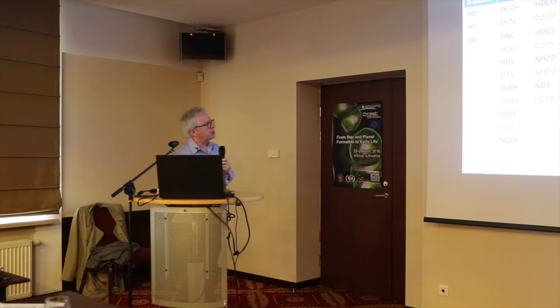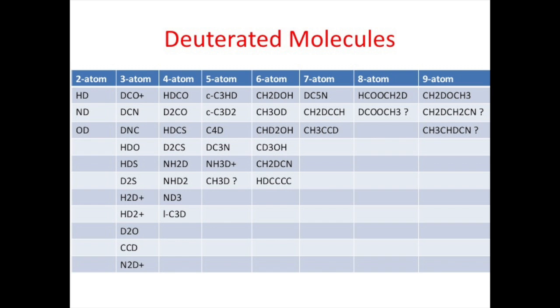Florence also mentioned that deuterium is very important in tracing both chemical processes in space and also tracing kinetic processes in terms of how molecules are formed and destroyed. There are just over 30 molecules with deuterium in them, and some are very heavily deuterated. So Florence mentioned fully deuterated ammonia. There's triply deuterated methanol also seen in these regions. Lots of doubly deuterated species.